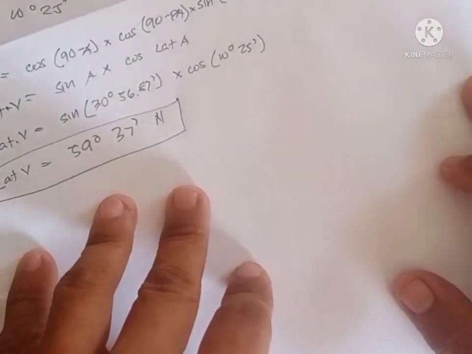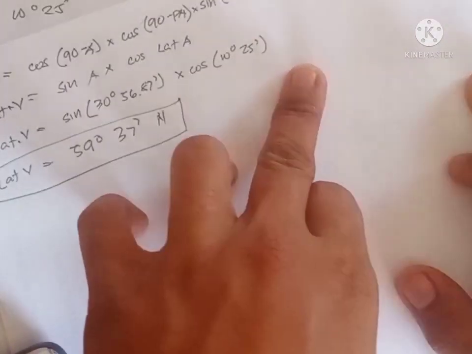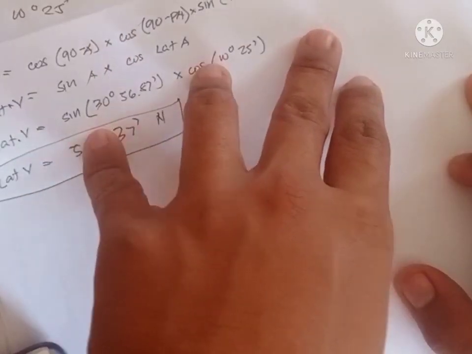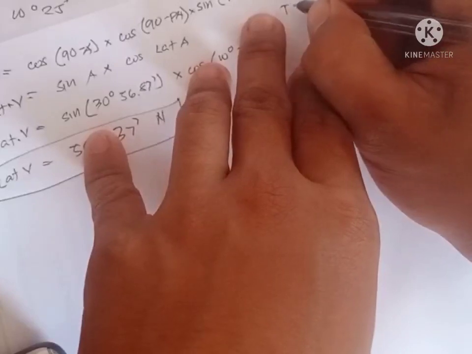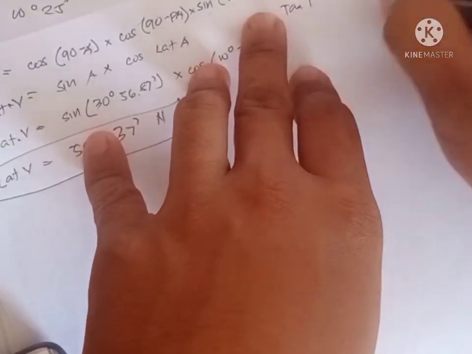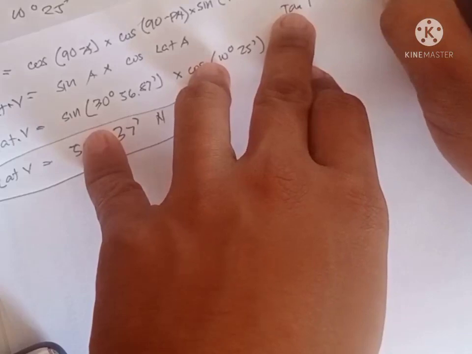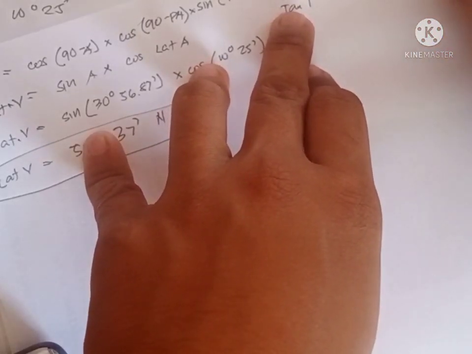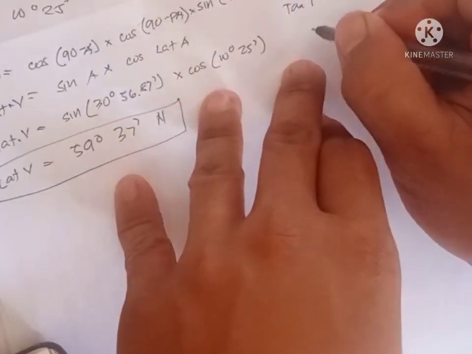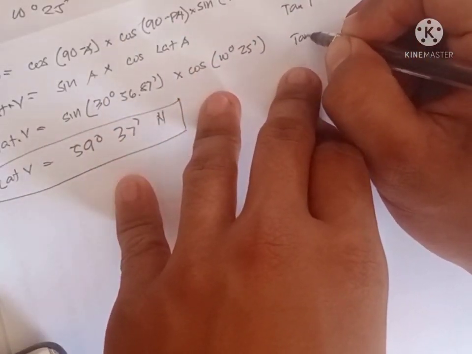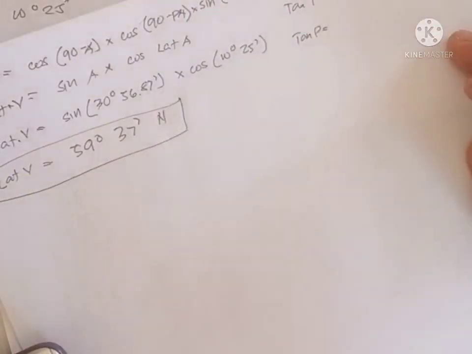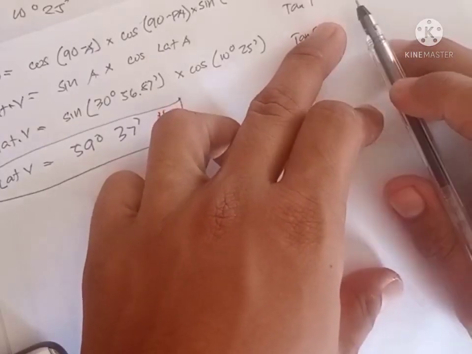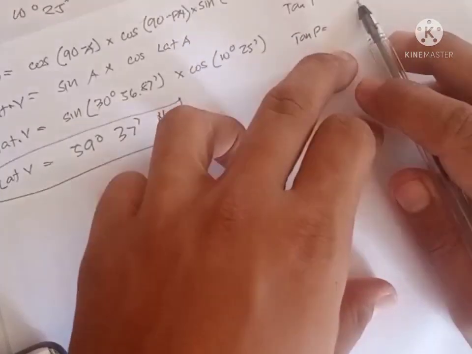So next is to get the P. So simplify again. Tan P is equal to cotangent A times secant PA. So in this case, we need to inverse this.